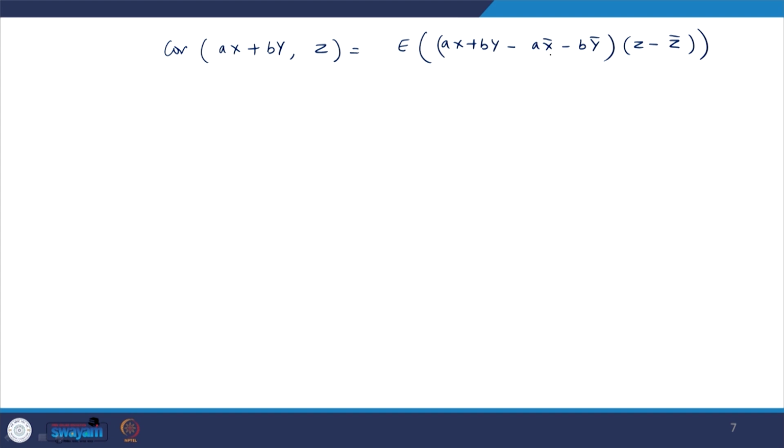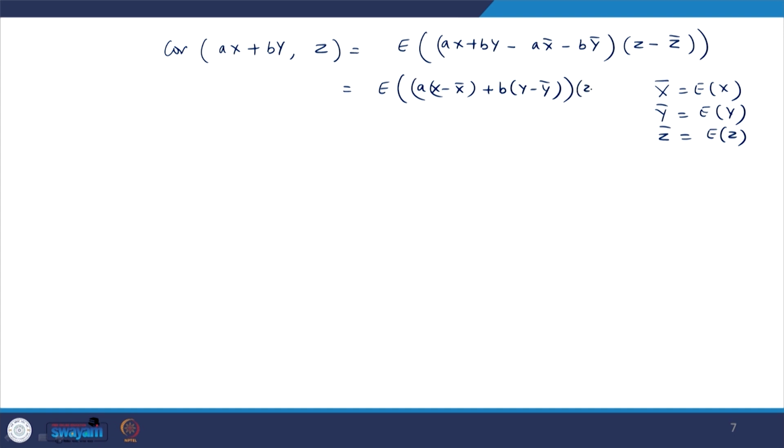Now, here x bar is nothing but expectation of x and y bar is nothing but expectation of y, and z bar is nothing but expectation of z. So, it is further equal to expectation of A times x minus x bar plus B times y minus y bar, whole multiplied by z minus z bar.